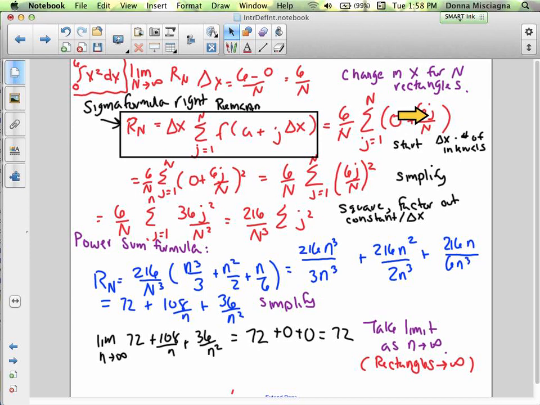So we're just going to use a variable. Don't use n because we've already used n over here. This is going to be a new variable, and we're always just going to use j, because j equals 1 is our starting value, and n is where we're going to stop.